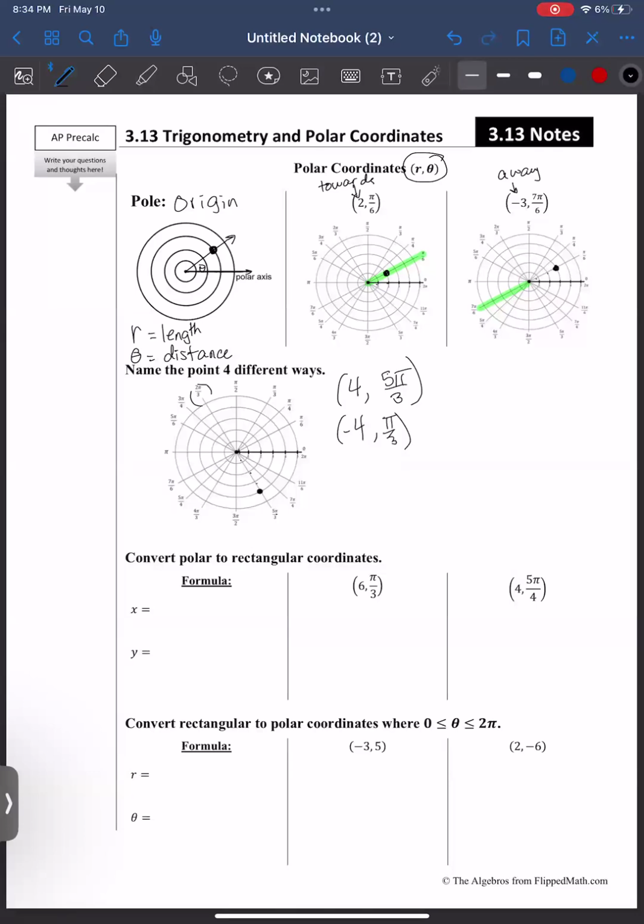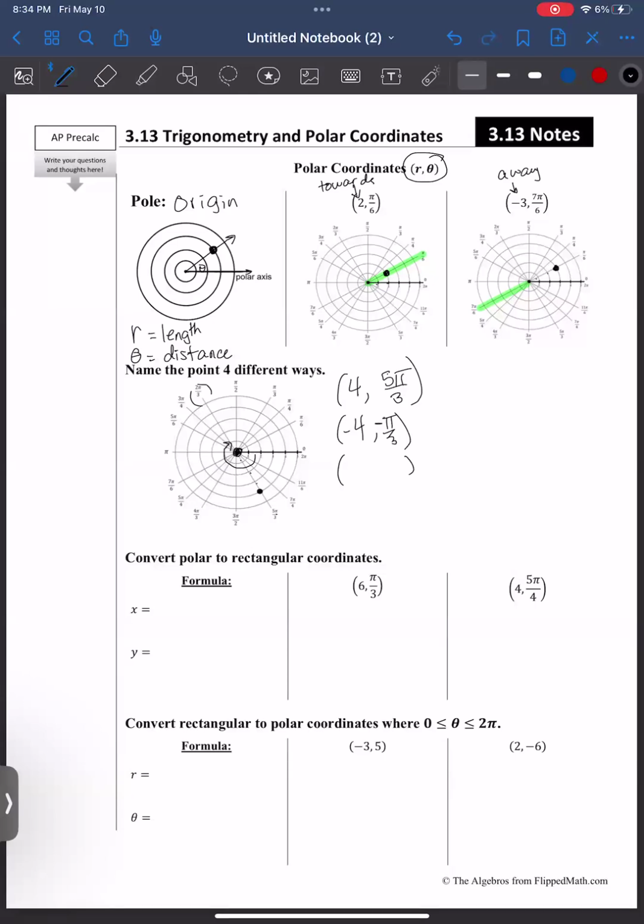And remember, you're starting at the origin. So when I'm moving away or towards the value, it's starting from that origin, okay? And then, what's another one I can do? Well, if I want to say that I'm going backwards, then I can say that I'm also going, oh wait, this is -pi over 3.